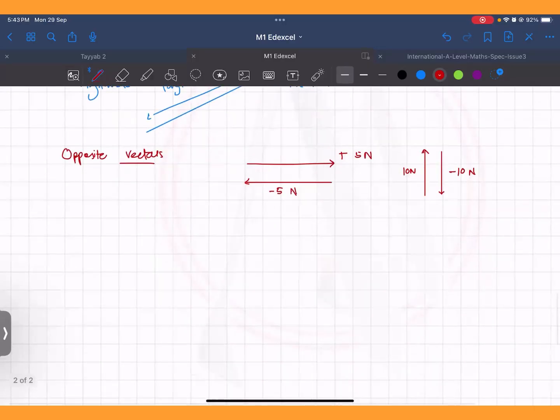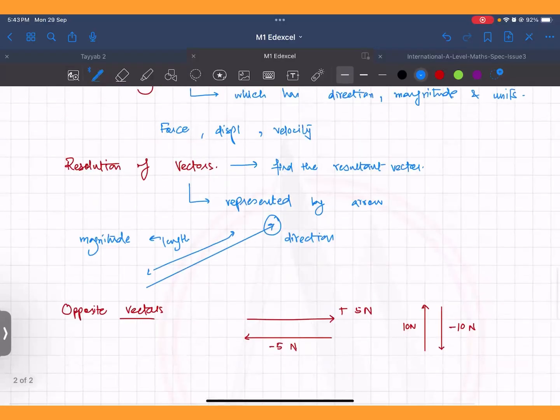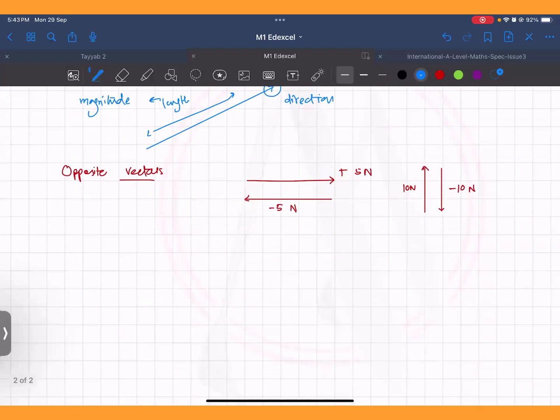Whenever, because I told you direction is important, because of the direction there is a need for standardized directions. So if we go to the right side, we take it positive. If your arrow is to the left side, we take it negative.